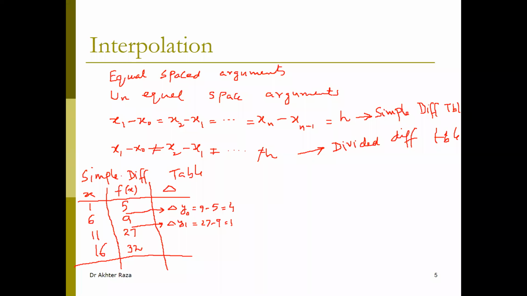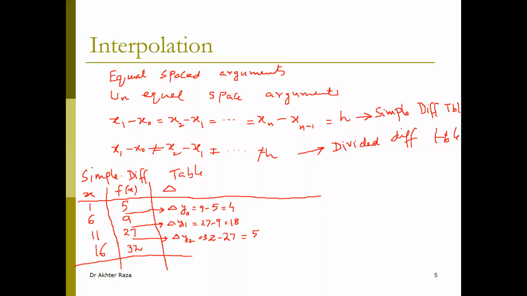It will be 18. This one, in the middle of 32 and 27, will be delta y2. It is equal to 32 minus 27. This is equal to how much? 5. This is called first order simple difference.